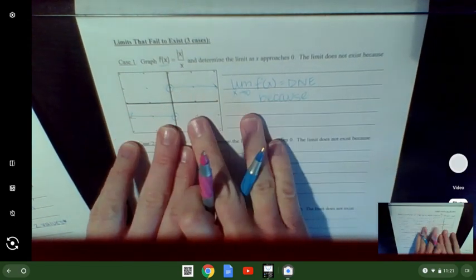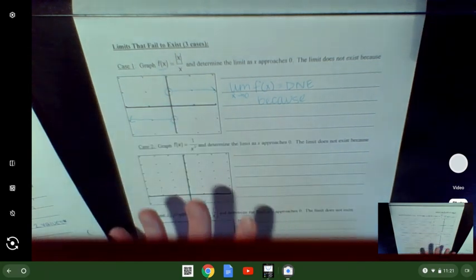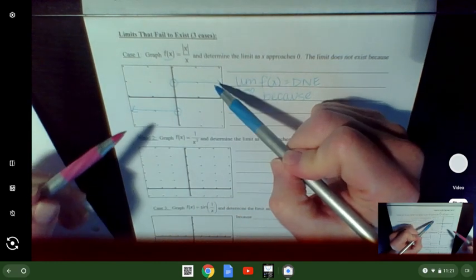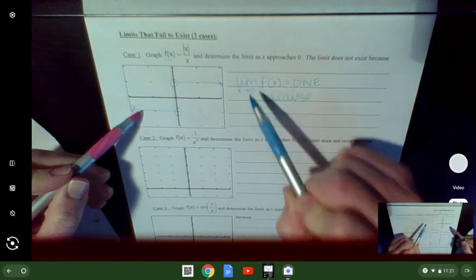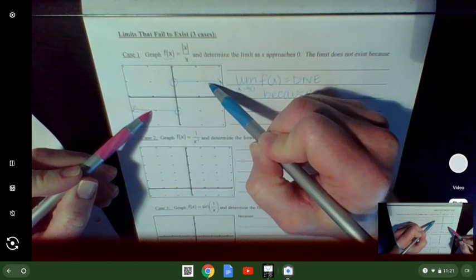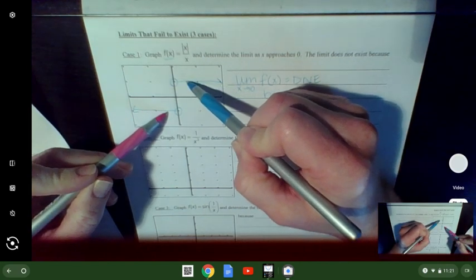I'm going to use the graphic approach. I would highly suggest you also go in your calculator, look at the table, and see if the table backs up the graphical approach. They will or should always back each other up. But we know if I'm going to find the limit, I want to jump on my graph on either side of my x value in question, 0, and I am just going to approach that x value of 0.